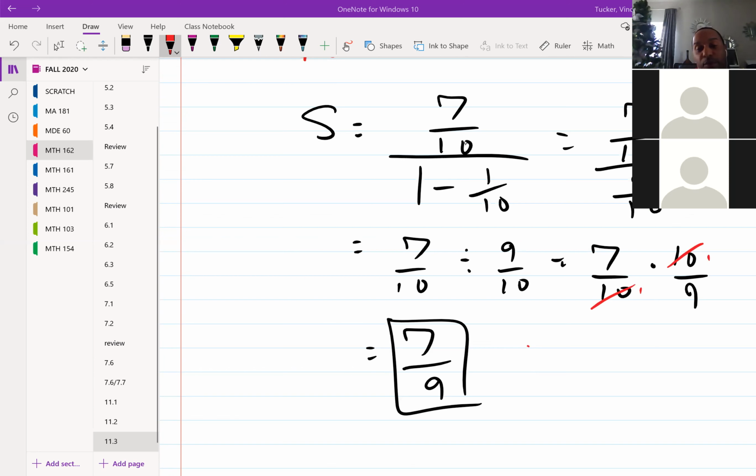Even if you don't do the review, remember the reviews aren't mandatory. At least look at them, check out the order, make sure you're seeing where they are, because finding the sum of geometric sequences or series is a little different than finding the sum of your arithmetic series. So those are two different formulas. So you want to make sure you use the right formula at the right time. So make sure you're labeling stuff properly, have your examples in front of you, and you should be good to go.